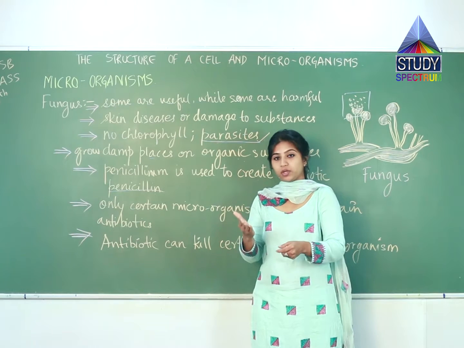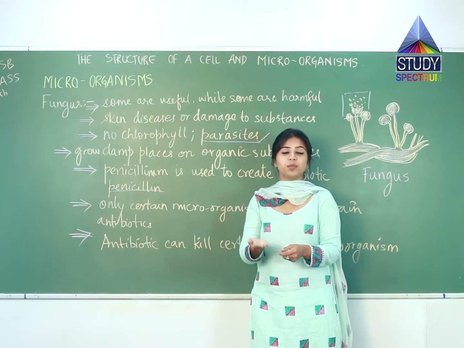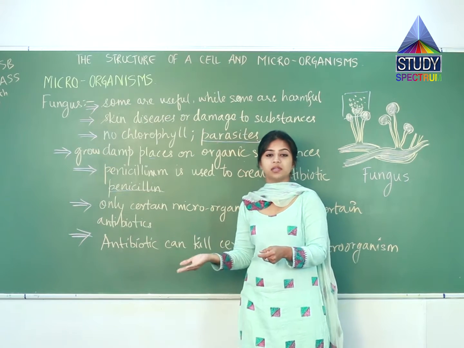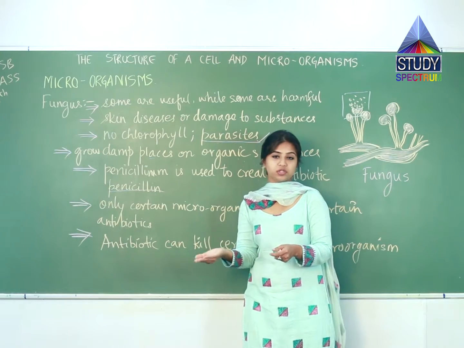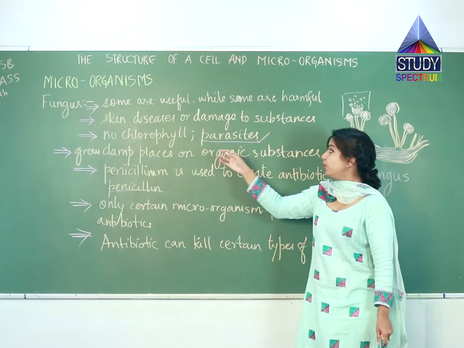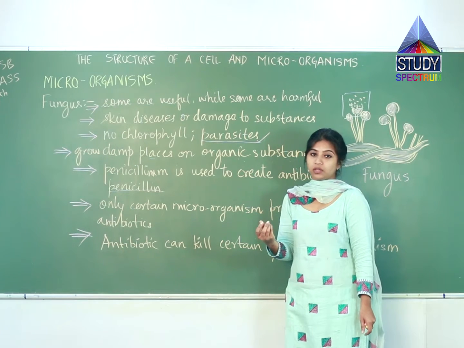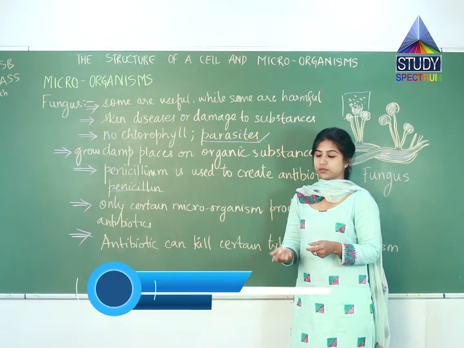Since they cannot photosynthesize, they have to be dependent on another medium to fulfill their needs of nutrition, shelter, and other basic needs. Basic needs include the moisture content and all the other factors.